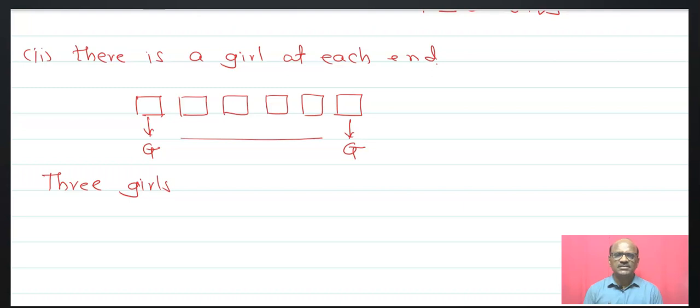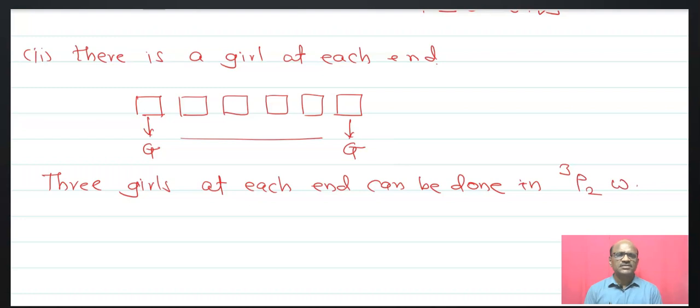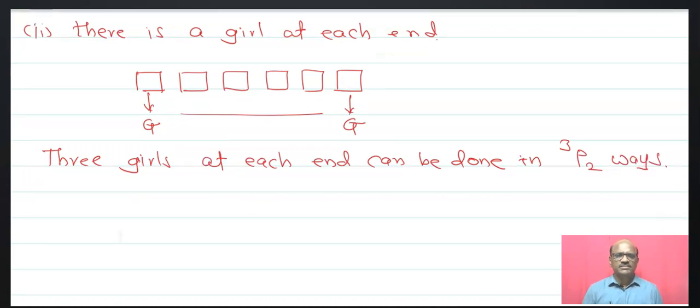Three girls at each end can be done in 3P2 ways.